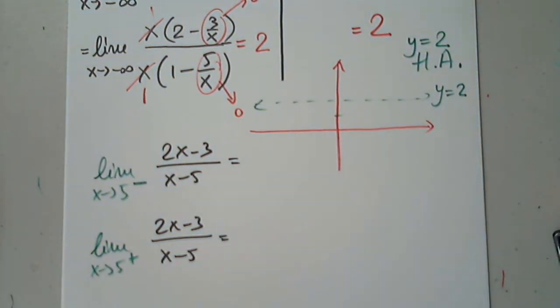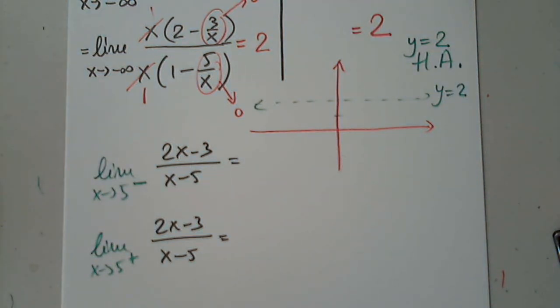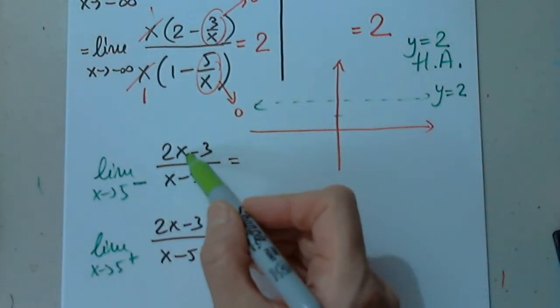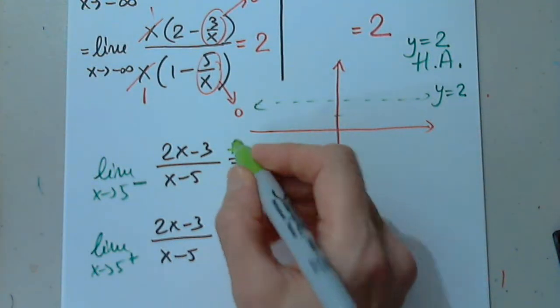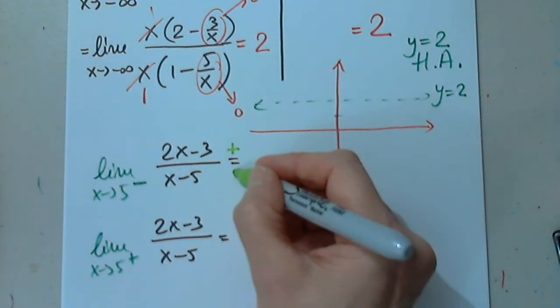Okay, what is the first thing I need to identify? Exactly what we did here. Nothing different. You're just plugging it in. So 5 times 2 is 10. 10 minus 3 is a positive number. How much is 5 minus 5? Well, 0.